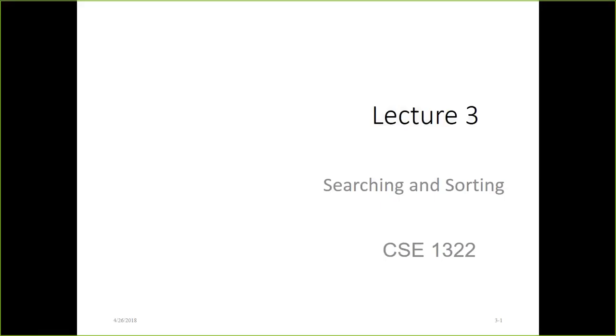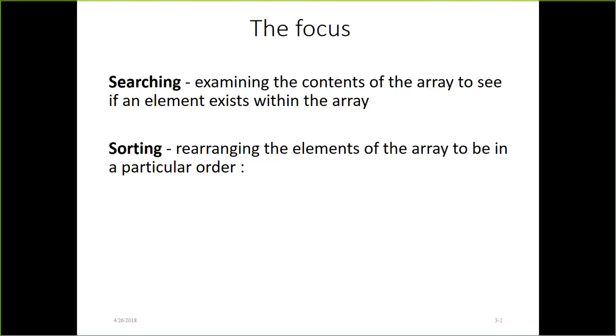Searching and sorting algorithms are mainly based on a large data set that we call an array, a list of similar data. Searching is used to find whether an element exists in a list or not, and sorting means rearranging the elements of a list either in ascending order or in descending order.